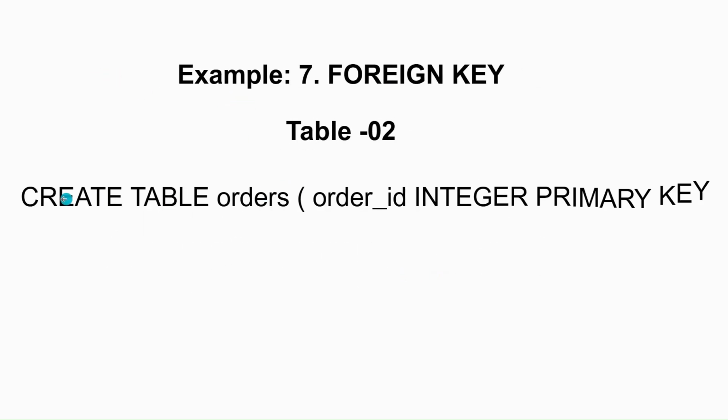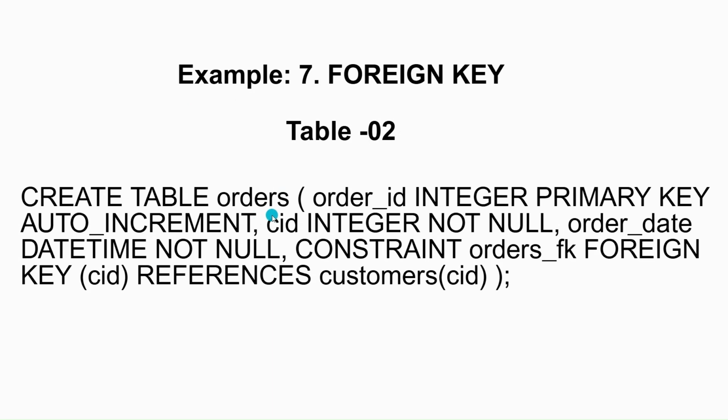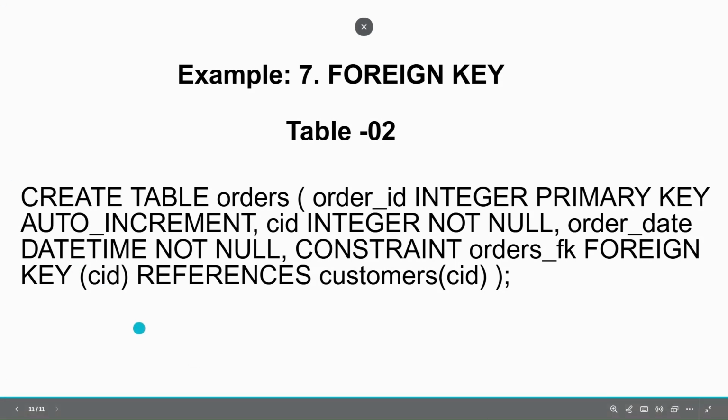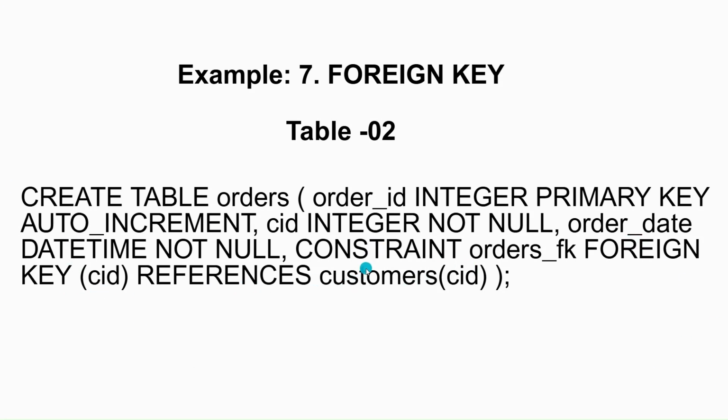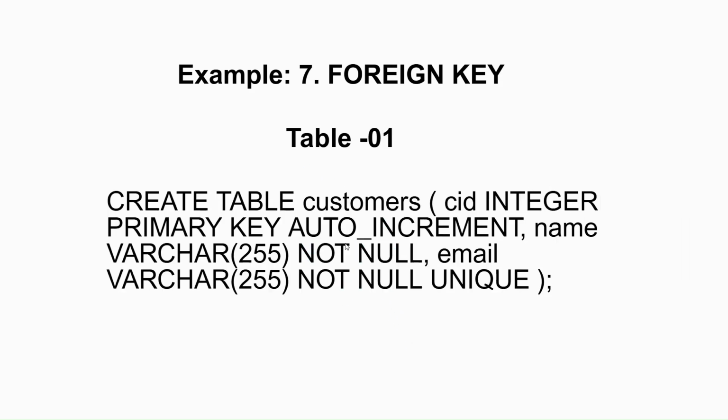Now for table two, we are going to create the table orders, ID integer primary key auto increment, customer ID integer not null, order date date and time not null, constraint orders foreign key we are using, references customers. It has to take the references from our previous table, that is our table one, the customers table here. All right.